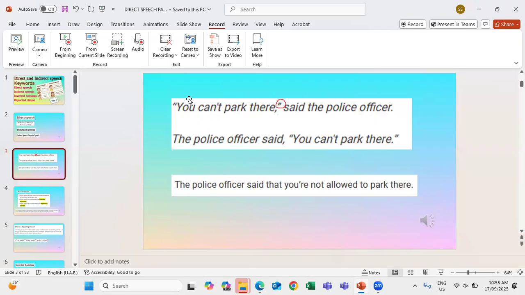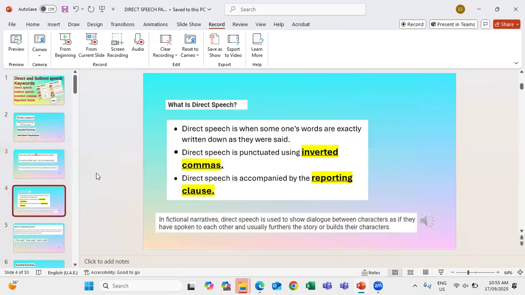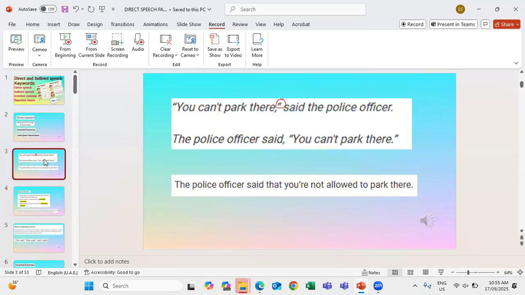But if you see the sentence, it is not just the direct speech. There are a few signs, some symbols here, and then some extra part of the sentence is also given. So direct speech, we understand what it means: the exact words spoken by someone. Then we have: direct speech is punctuated using inverted commas. Now, what are these inverted commas?